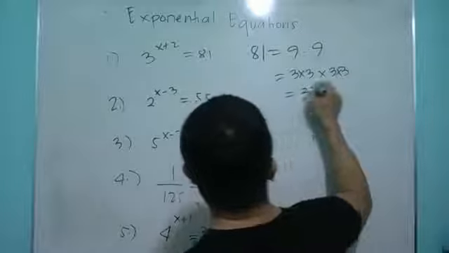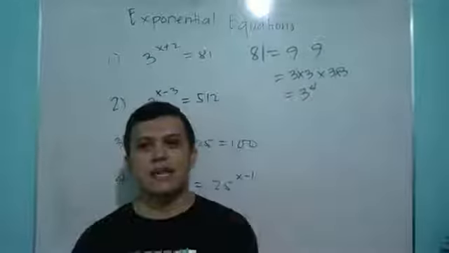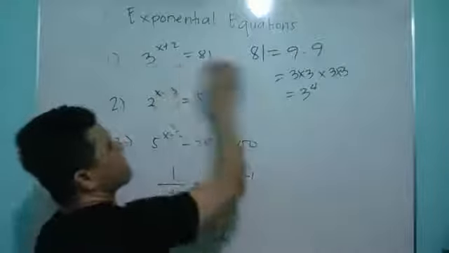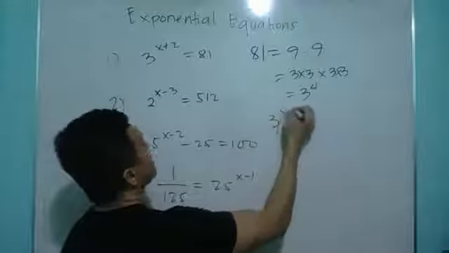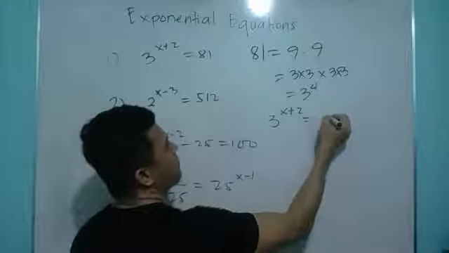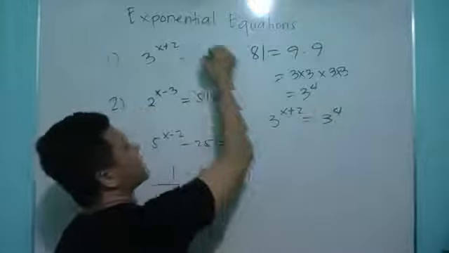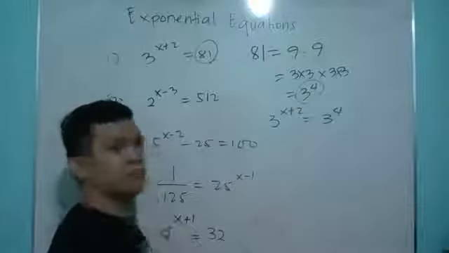So we have 3 raised to 4. Rewriting this, we have 3 raised to x plus 2 is equal to 3 raised to 4, because 81 is equal to 3 raised to 4.